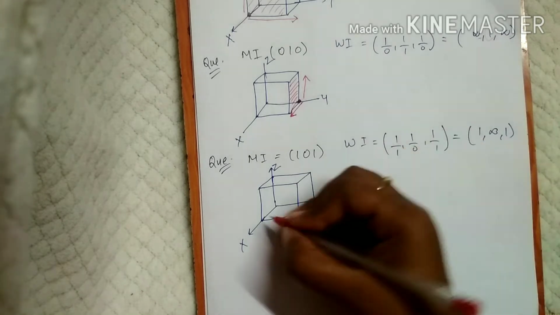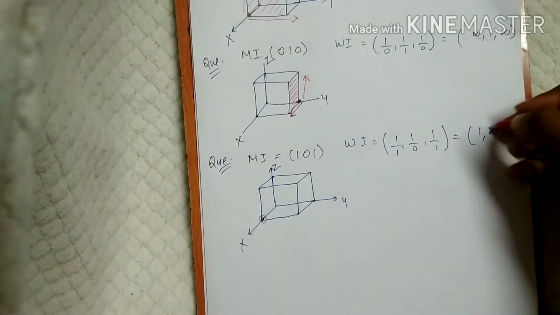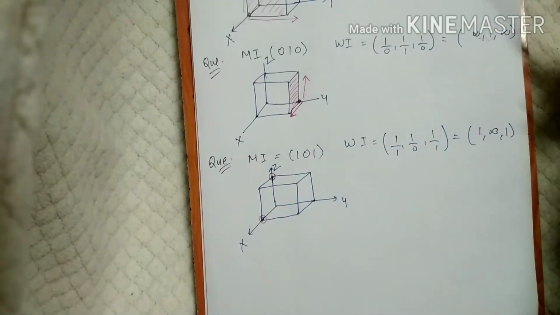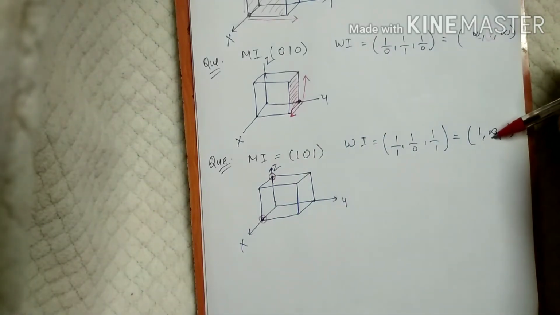Along the x-axis it is 1 here, and along the z-axis it is also 1 here, and along the y-axis it is going to infinity.